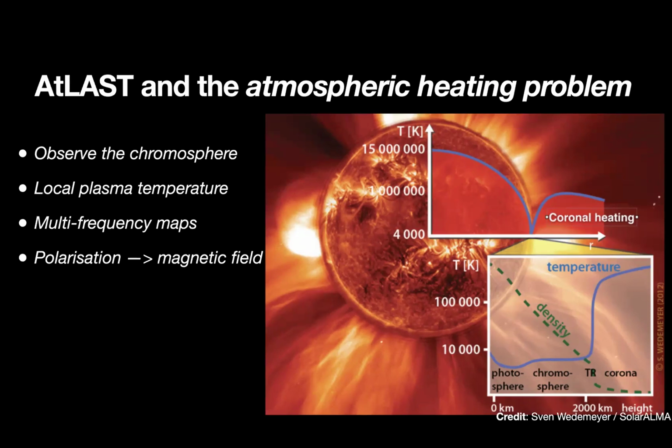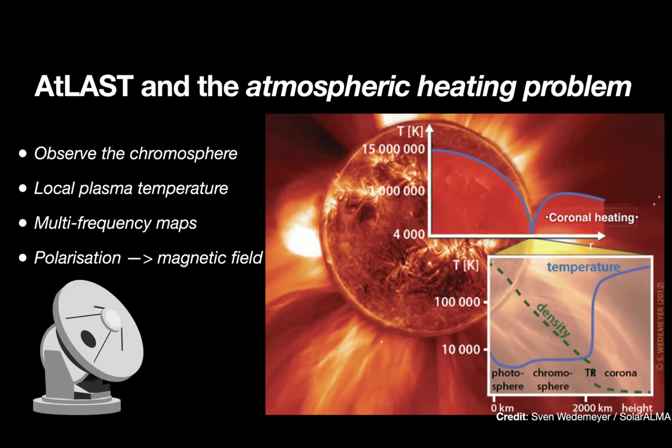And that is where AtLAST comes into this. With AtLAST's frequency range from 30 to 950 gigahertz, the heights at which it would probe would all lie in the chromosphere. So this yellow bar shows roughly the probed heights of AtLAST.